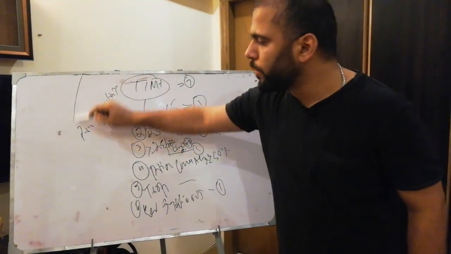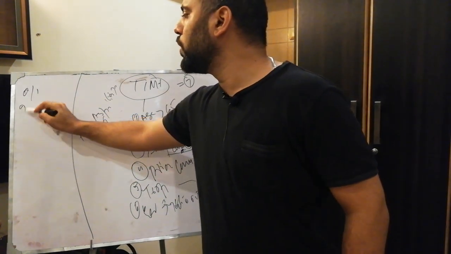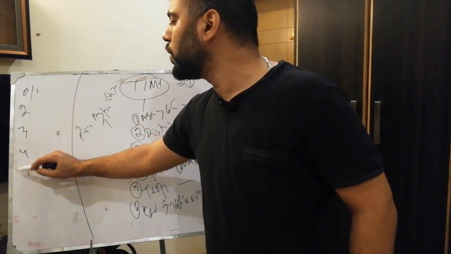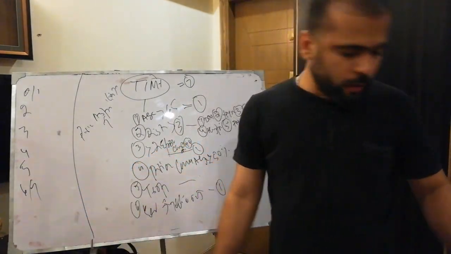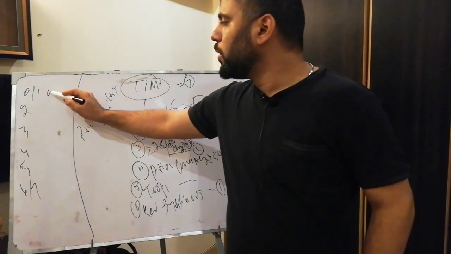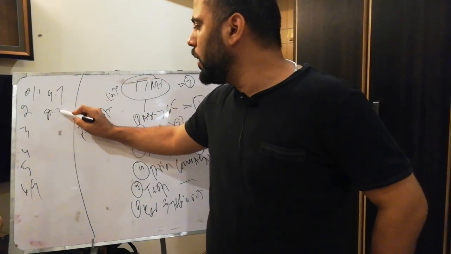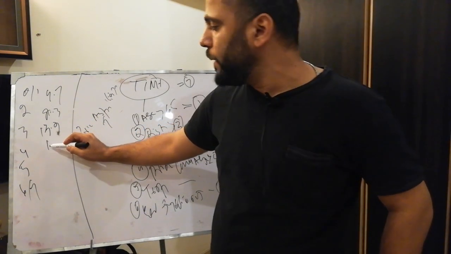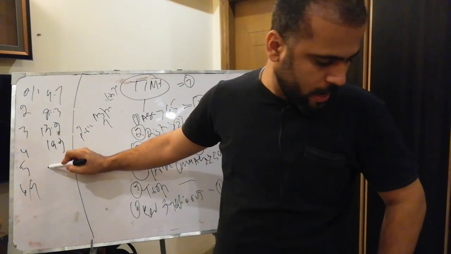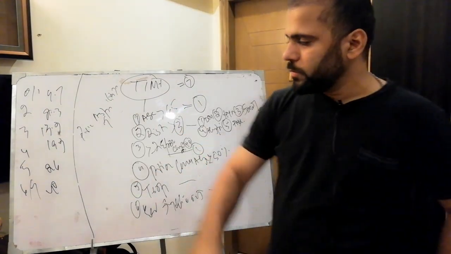So your patient has a 0 or 1 score, 2 score, 3 score, 4 score, 5, 6 or 7 score, okay, and their mortality would be 4.7, 8.3, 13.2, 19.9, 26 and 40.9.